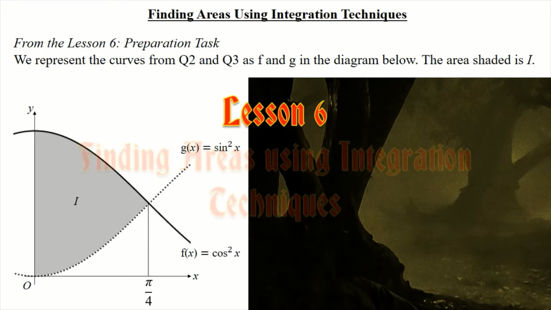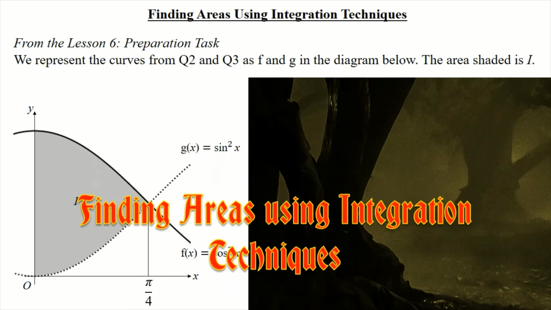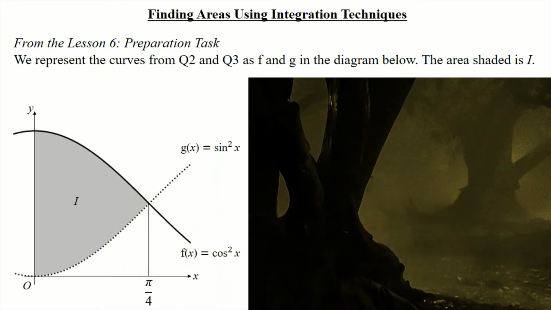We're going to explore how to find areas using integration techniques, and to do this I'm going to utilise questions 2 and 3 from the preparation task. In question 2 you are asked to integrate between the limits 0 and pi over 4 cos squared x with respect to x, and this value we called I1.